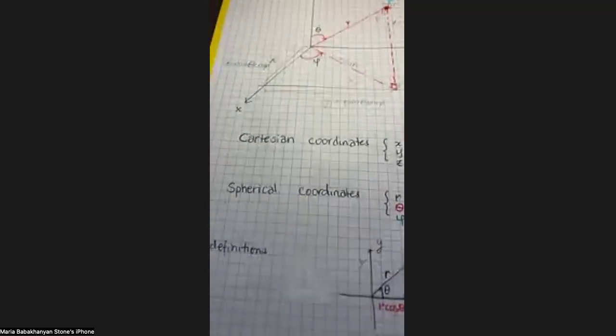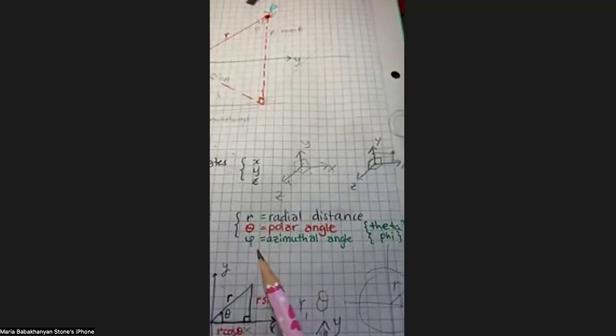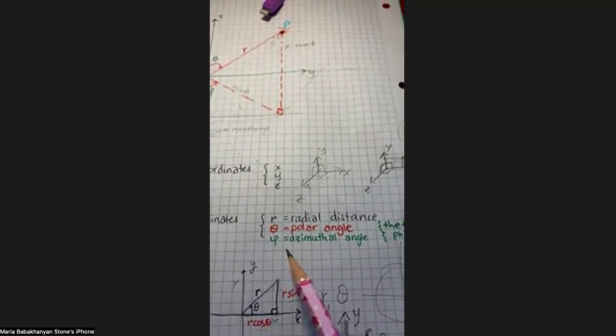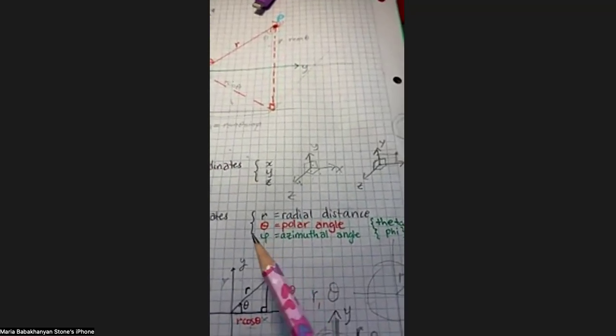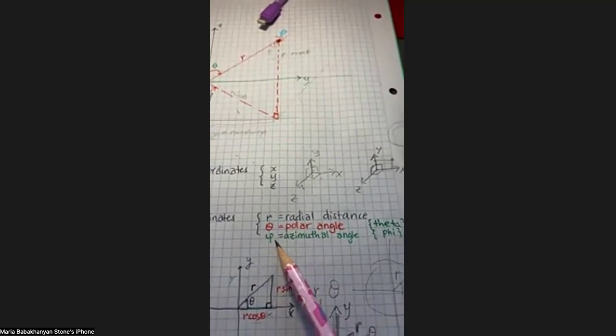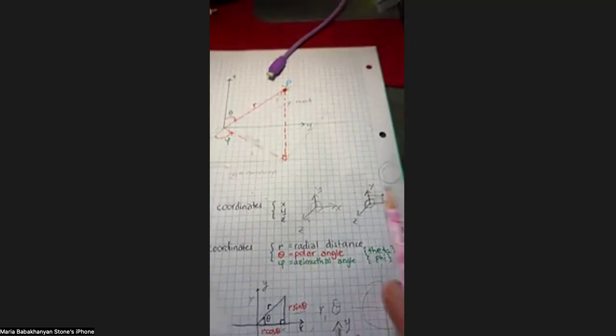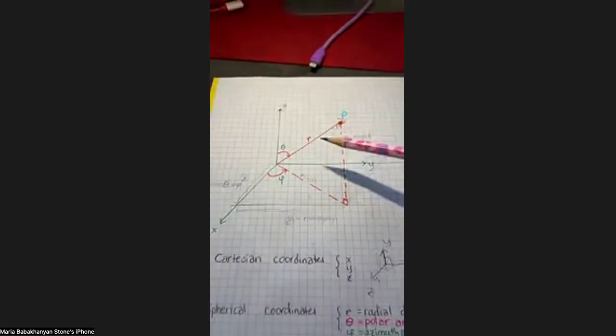And this is then the basis to go further into what's called the spherical coordinates, where you have a three-dimensional situation, and you have three coordinates. Each point is described by three coordinates: a radial distance, polar angle, and azimuthal angle. So how does it work?